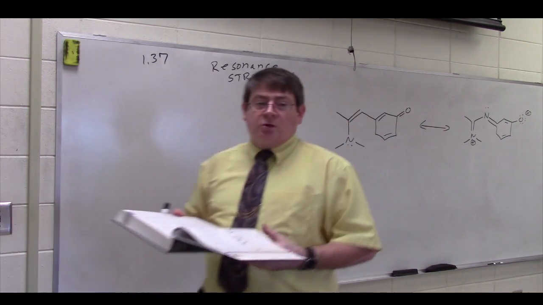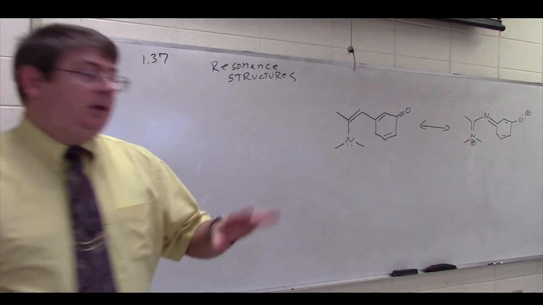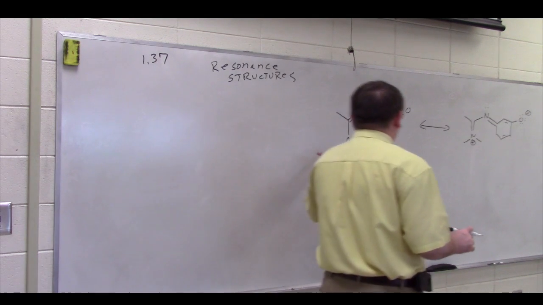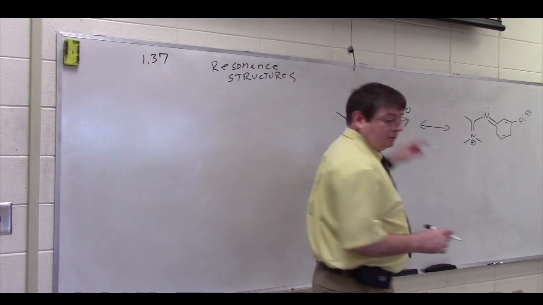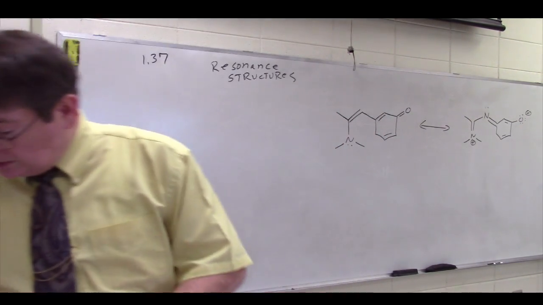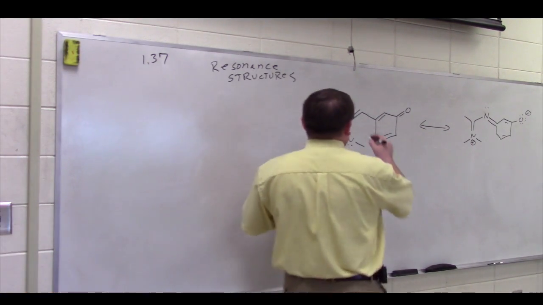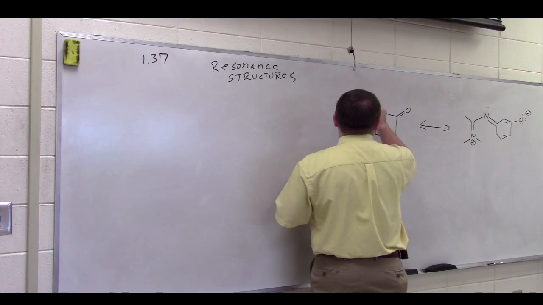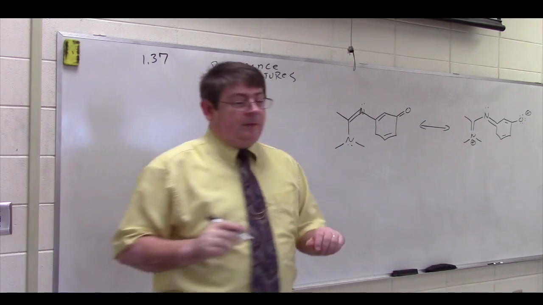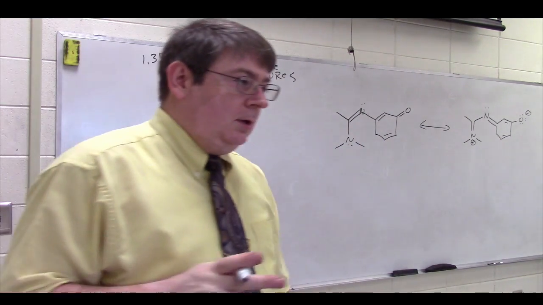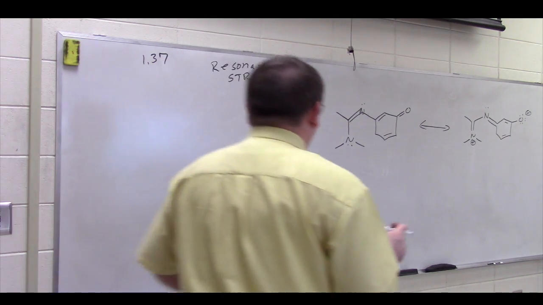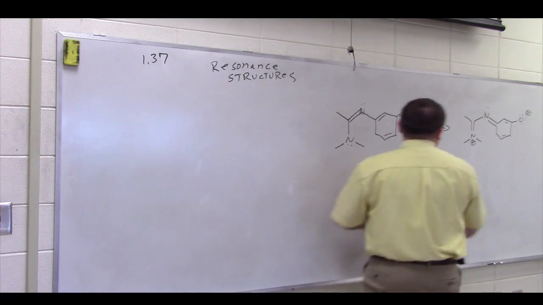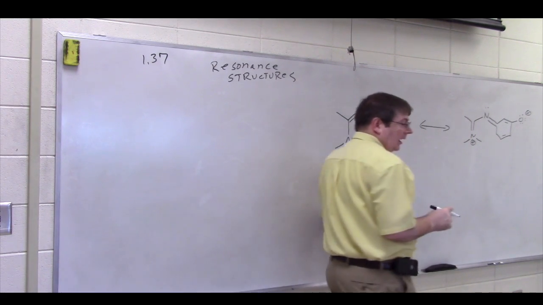How do we push those electrons to convert the left structure into the right structure? Oops, I'm missing a nitrogen right there. That makes more sense. How do I go from this structure to this structure? Where do I start with my arrows?